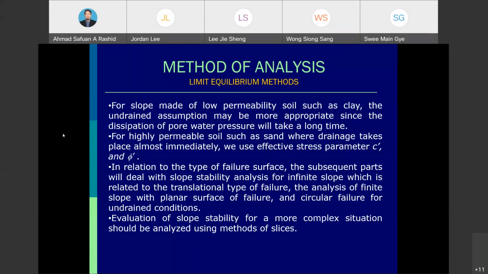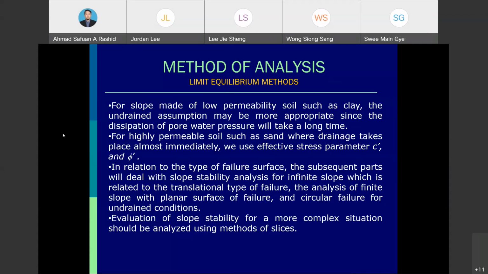While for highly permeable soil such as sand, where drainage takes place almost immediately, they use the effective stress parameters C and phi. But for clay, if it is a pure clay, there will be no phi value in that case, so normally they use the total stress approach.